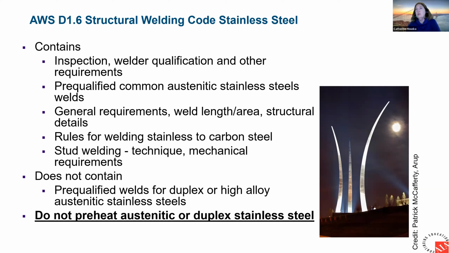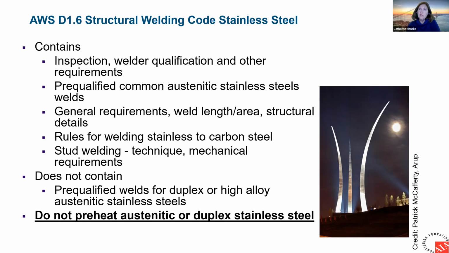It does include welder qualification and other requirements, and austenitic stainless steels, common ones, are what are pre-qualified. There is discussion about pre-qualifying duplexes, but we're not there yet. But it does cover the requirements for welding of all stainless steels.